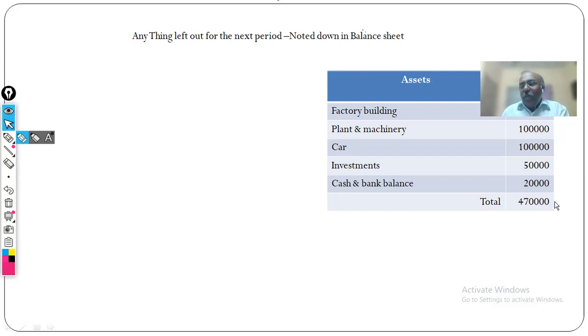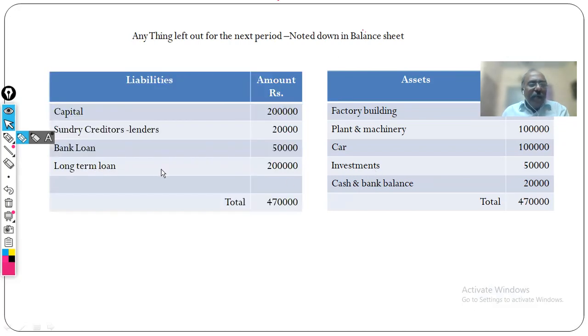Since we are having this much of properties and assets, on the other side, we could also have some kind of money repayable. We might need to pay long-term loans. We may need to pay bank loan, short-term loans, overdraft loans, or we may need to pay sundry creditor loans. That is, we might have purchased goods without paying money. They are called as sundry creditors. They gave goods on credit. So they are lenders for goods.